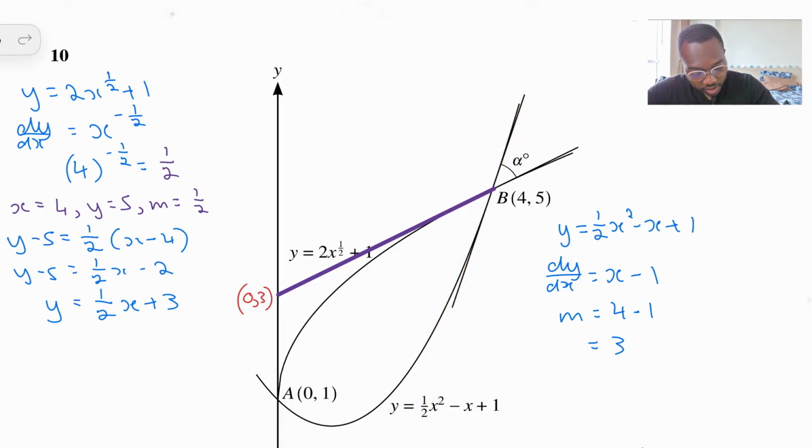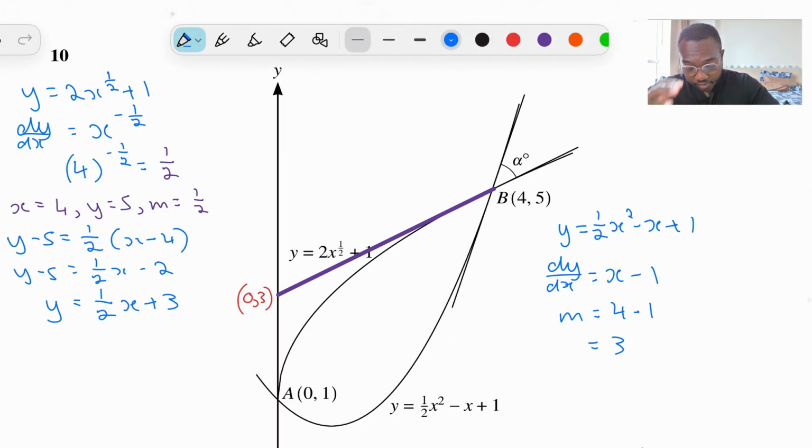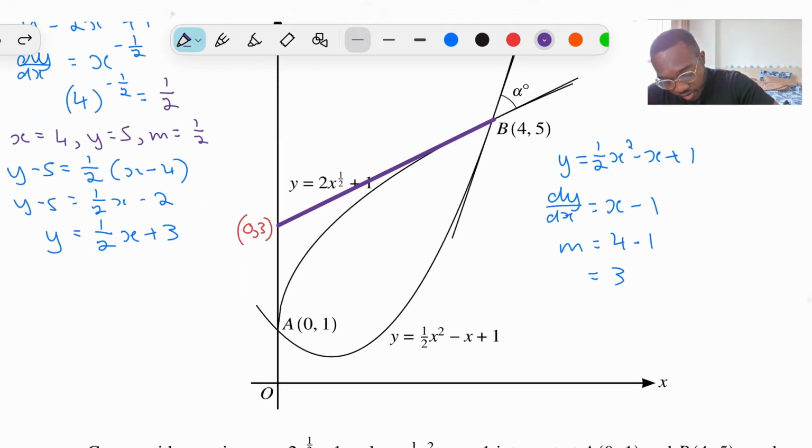And therefore, we can just do the same thing: the equation of a straight line. Actually, let me put my values in first. So again, we have x is equal to 4, y is 5, and m is 3.